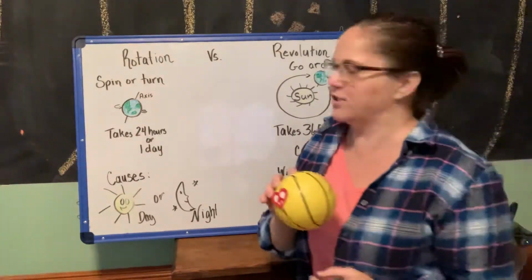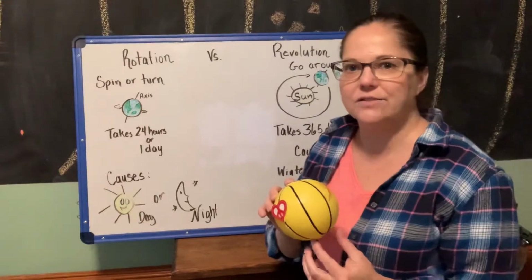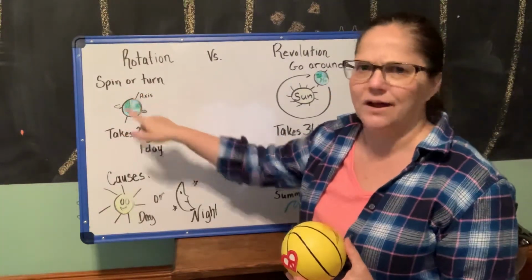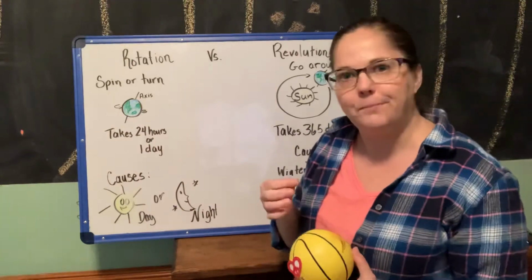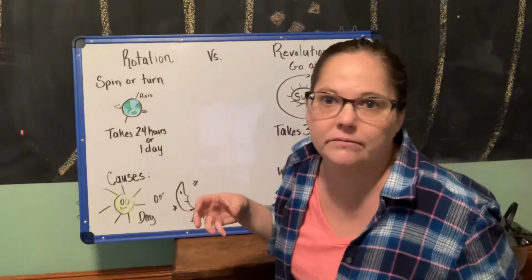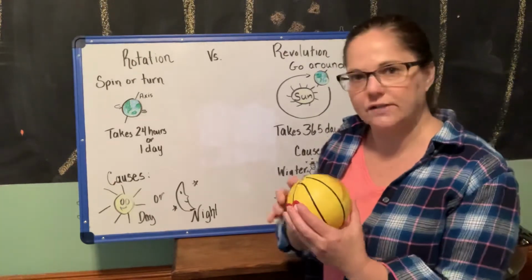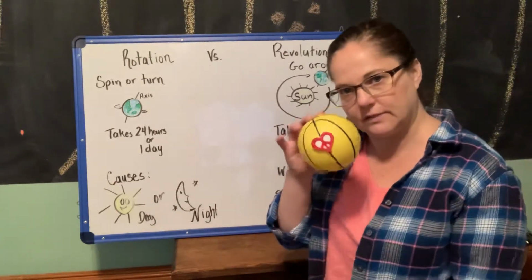If you can imagine, there really isn't a stick coming out of the top or the bottom of our planet Earth, but there's an imaginary one. And we call it its axis. It spins on an axis. The Earth is actually on a slight tilt.